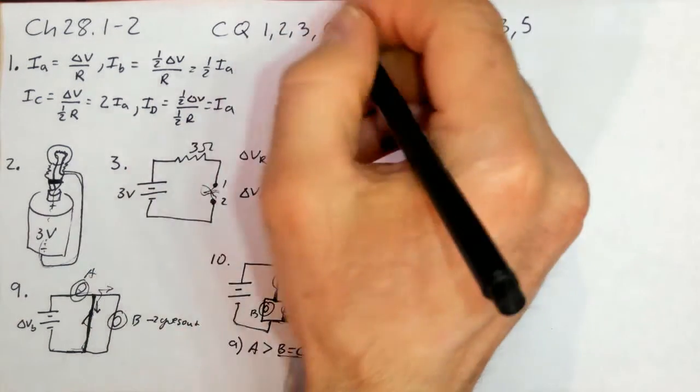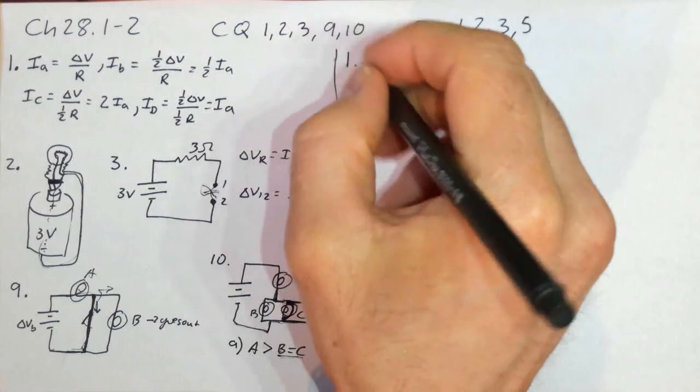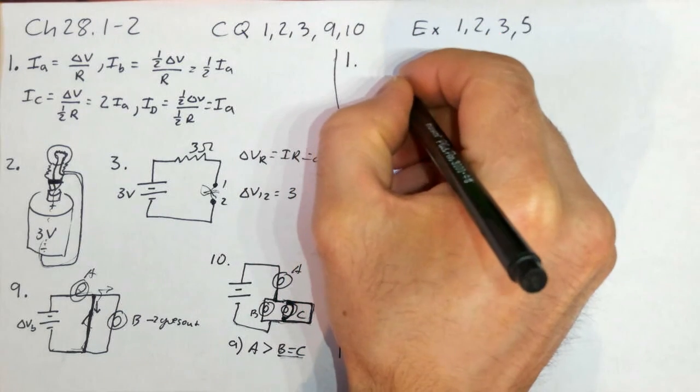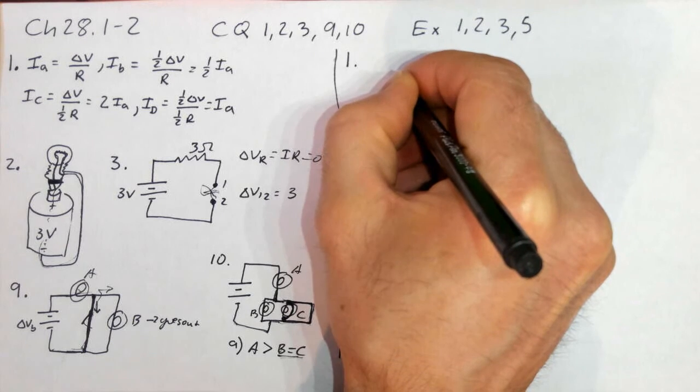Okay, so let's take a look at exercise 1. The big idea here is to try and translate pictures, physical things, into a diagram. And so here's an effort at drawing a physical picture. We've got this battery here. Try to draw a physical battery here.